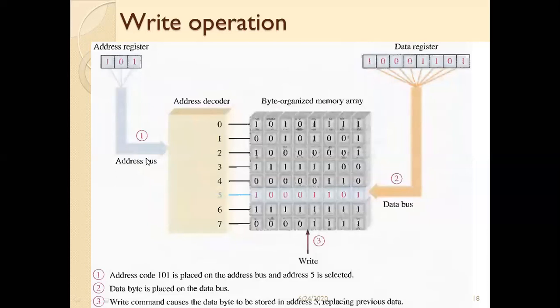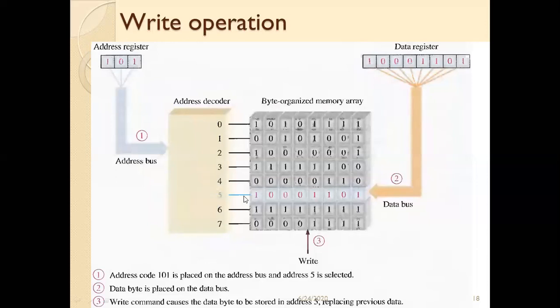If I convert it into decimal, then 101 means 5. So with the help of 101, among those 8 lines, I selected line number 5. This selection is very easy. You convert this binary into decimal, you get number 5, so the fifth line is selected with the help of this address.